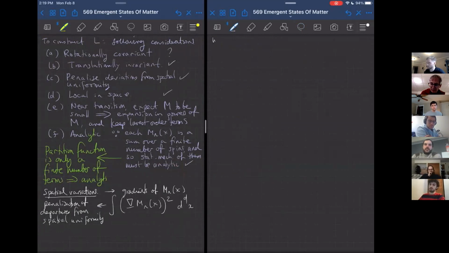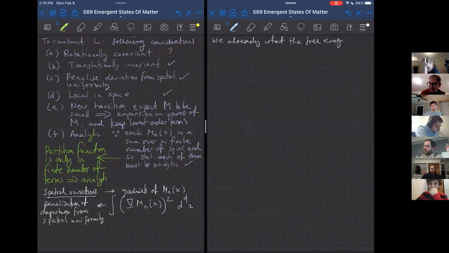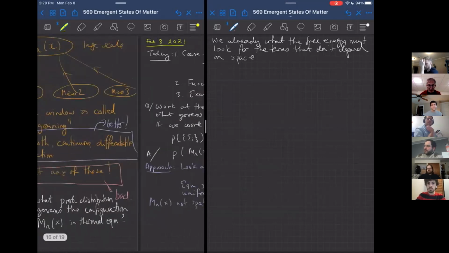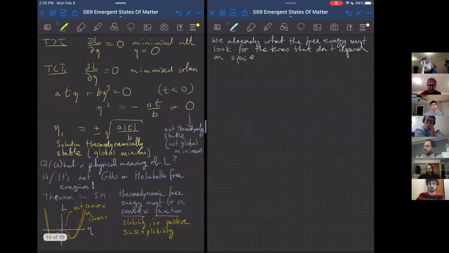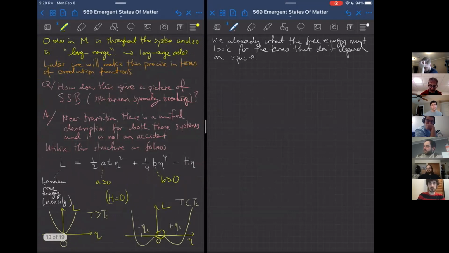Now we already saw what the free energy must look like for the terms that don't depend on space. Where did we see that? That was what we did last time. So that is this free energy over here.